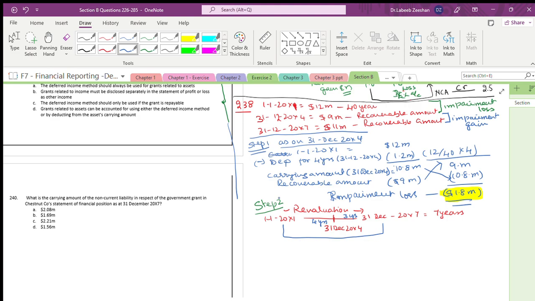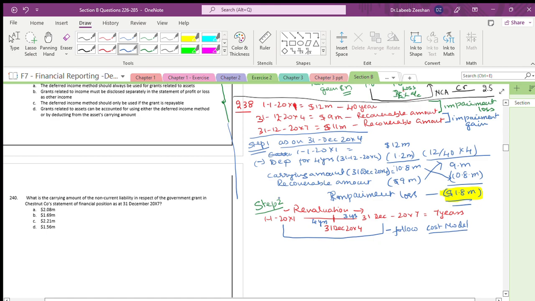Fine. Then what amount do we have to show for the asset? Which models are there? Cost model, revaluation model, fair value model. When the condition states like this, we have to use the cost model.